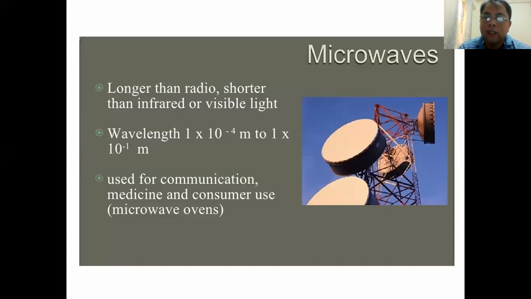One of this spectrum is microwave. It's a little longer than radio, shorter than infrared, and this is its wavelength. It is used for communication, for medicine, and for consumer use, like in our kitchen.